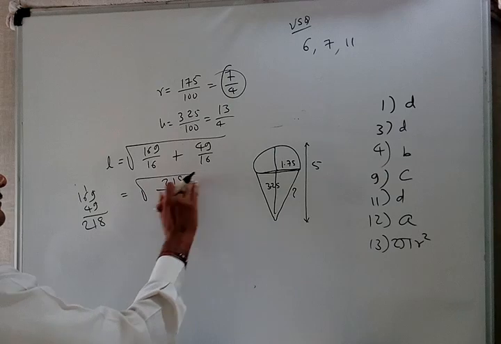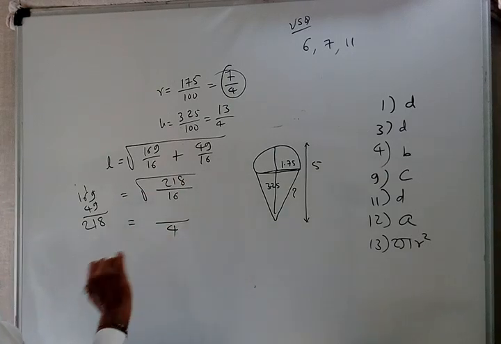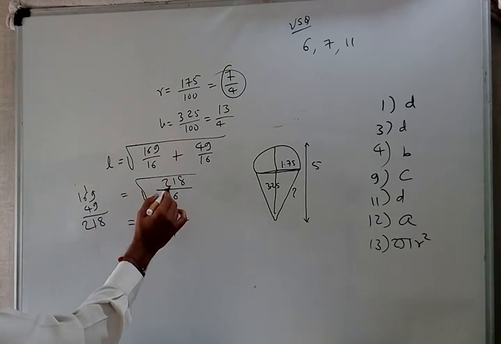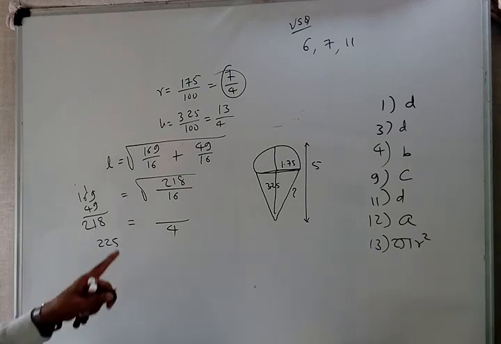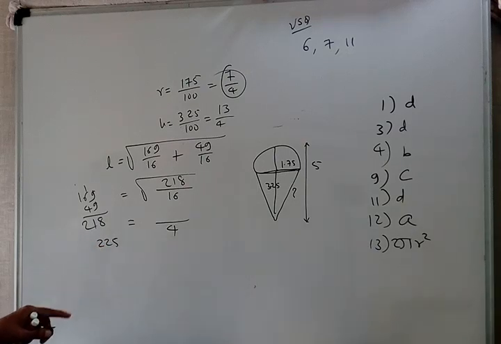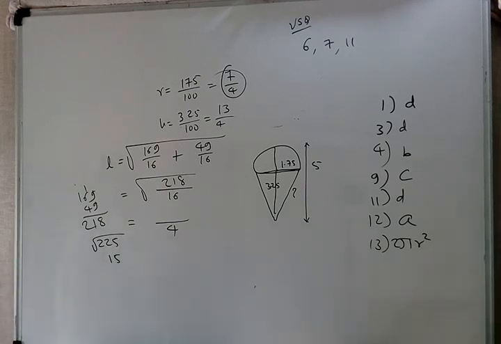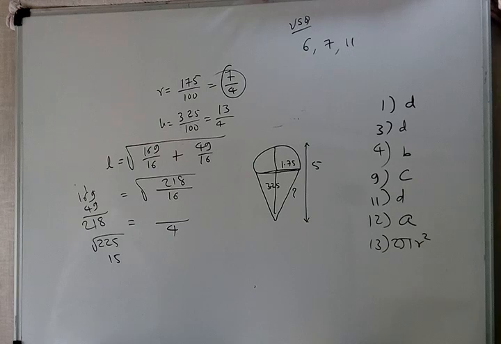Now if we want to find the square root, the square root of 16 is 4. But the problem arises here: 218 is not a perfect square number. The nearest perfect square number is 225, and its square root is 15. So now how to find the square root of this one?